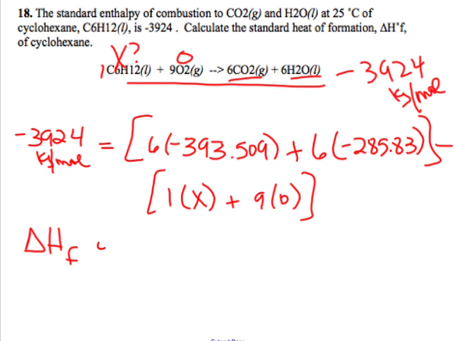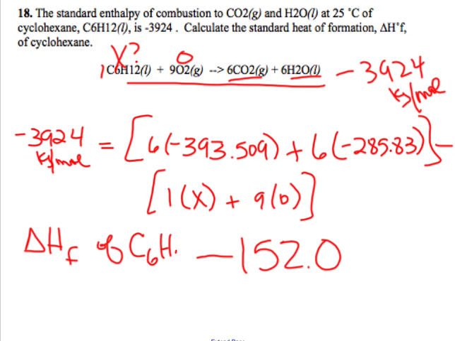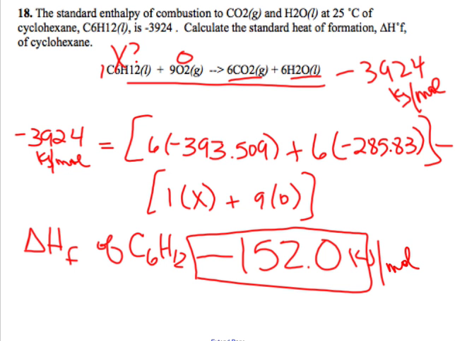So the heat of formation is negative 152.0, and what are my units on that heat of formation? Kilojoules per mole. Okay, a couple things I'm noticing. You're neglecting negatives, and don't forget units. Okay, got it? So we're basically done.